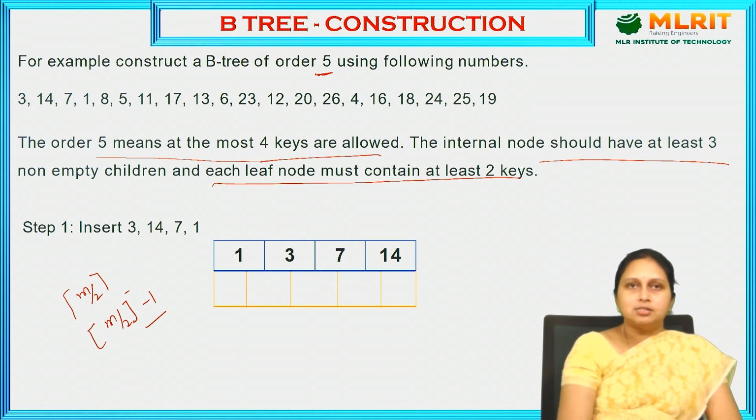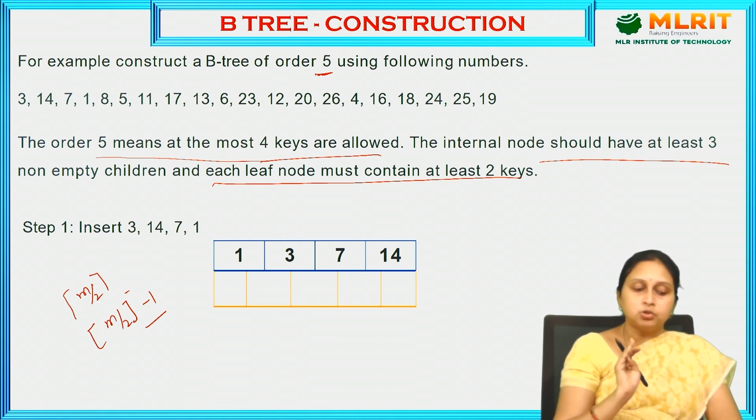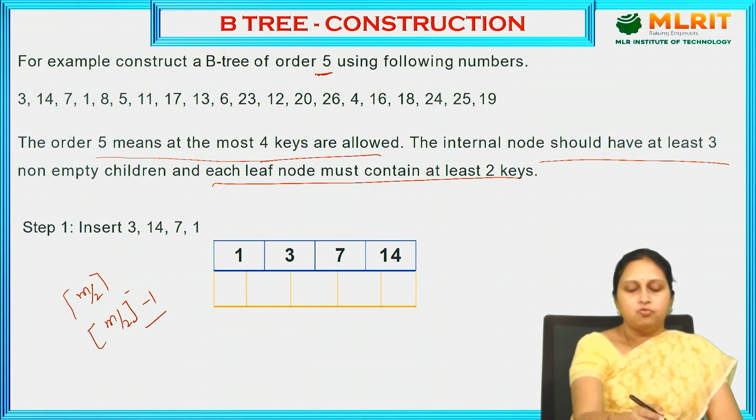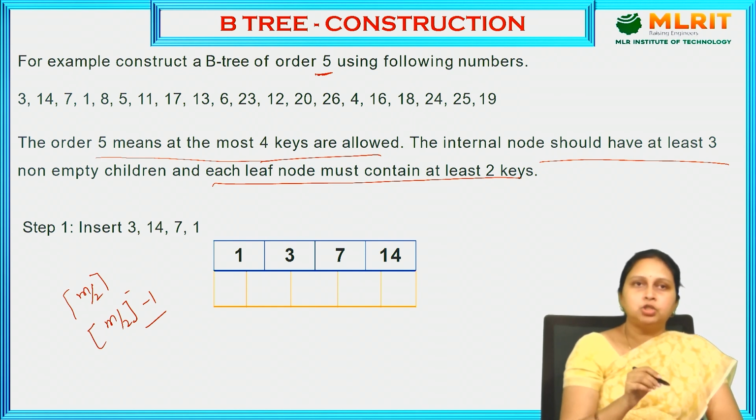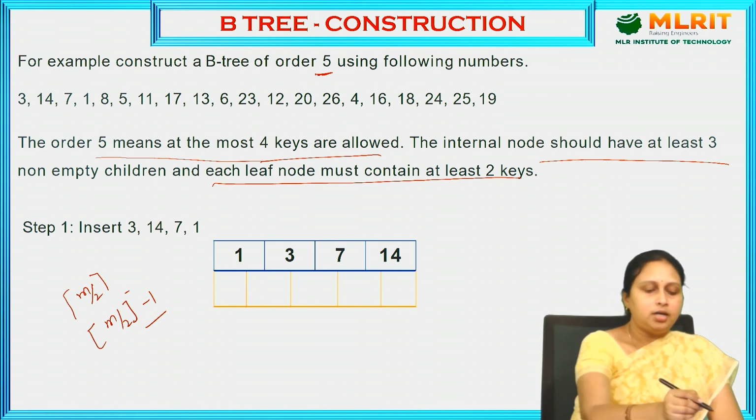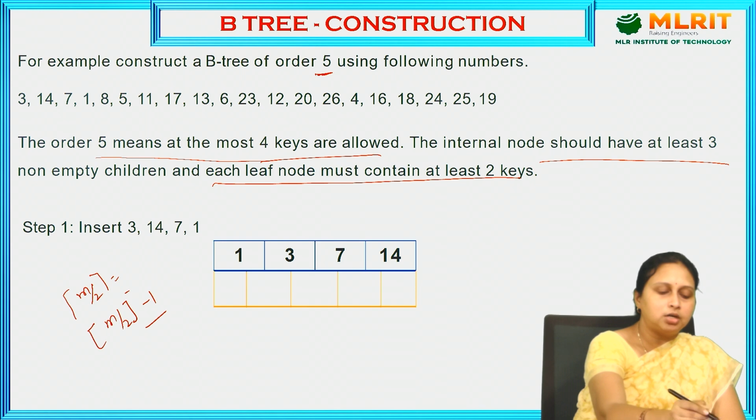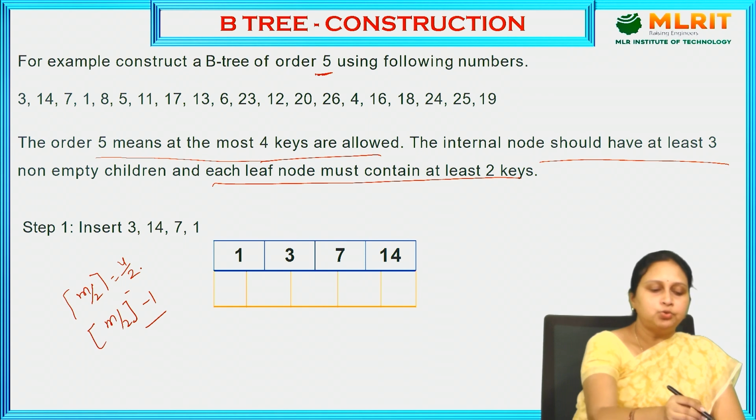If we can see 4 keys, that is, order is 5, the most it should have is 4 keys. 4 keys we can store, and at least an internal node should have 3 non-empty children, that is 4 by 2. 4 by 2 is nothing but 2.